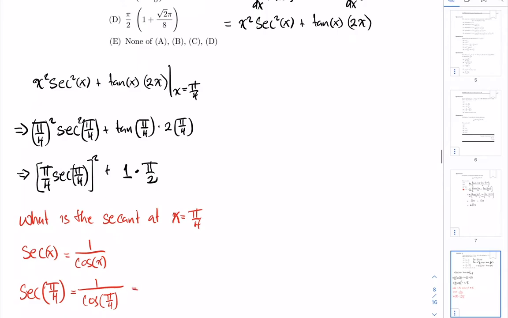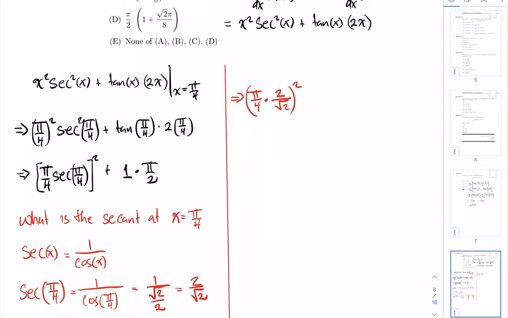From our basic rules of trigonometry, the cosine of pi over 4 is equal to the square root of 2 divided by 2. So this is 1 over the square root of 2 divided by 2, which is equal to 2 divided by the square root of 2. We can insert this result in our formula: pi over 4 times 2 divided by the square root of 2, all squared, plus pi over 2.